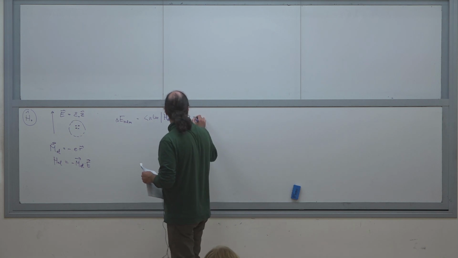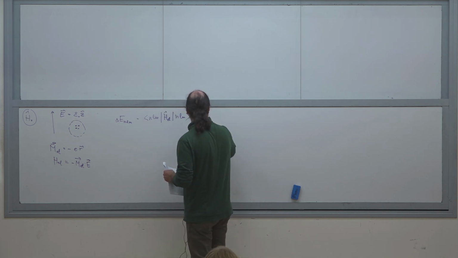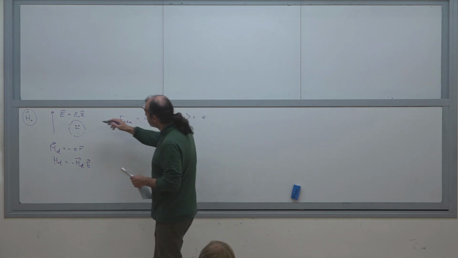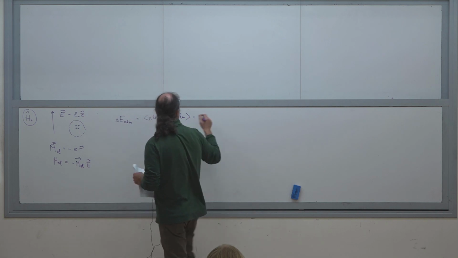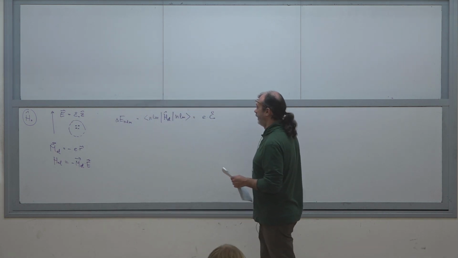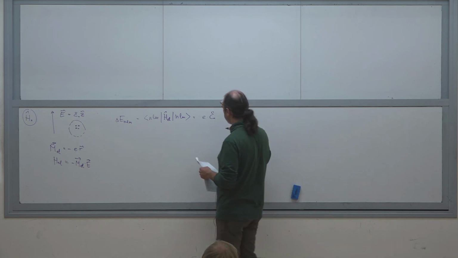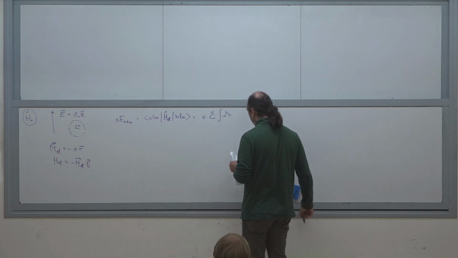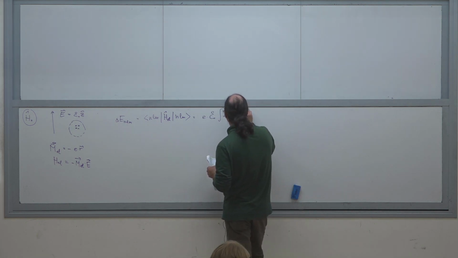So this is essentially an integral. It's the electron charge multiplied by E0, the amplitude of the electric field, multiplied by the integral over space d^3r of psi_nlm of r, multiplied by z.